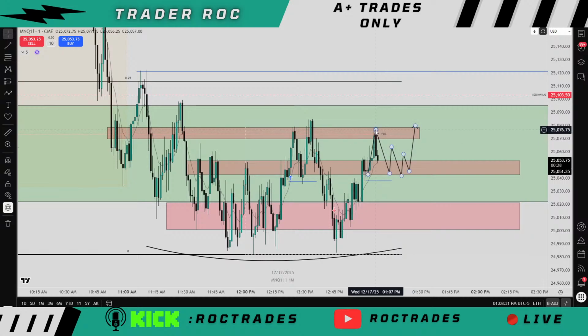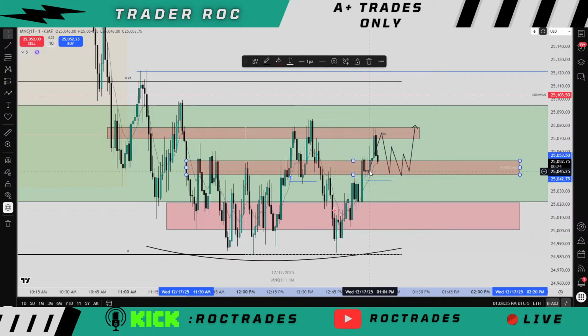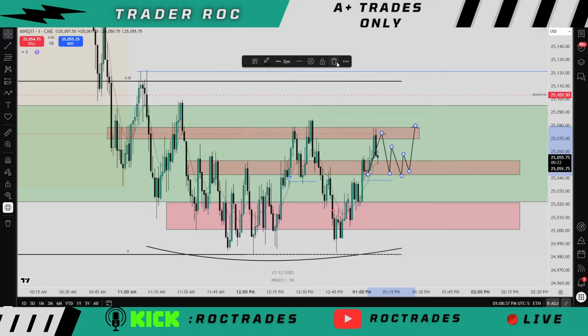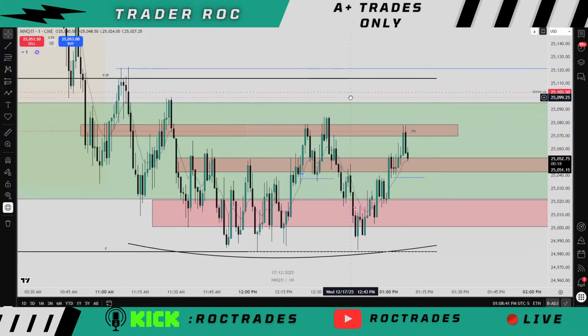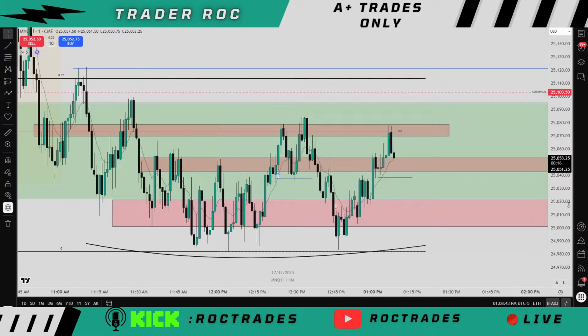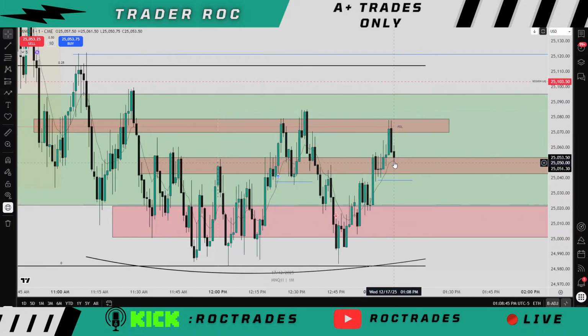That's what you want to see right now. I don't want to see price get back up underneath this level. That way we know that the buyers or the buy algo is truly in control. And then I'll look for one more attempt on this buy here.